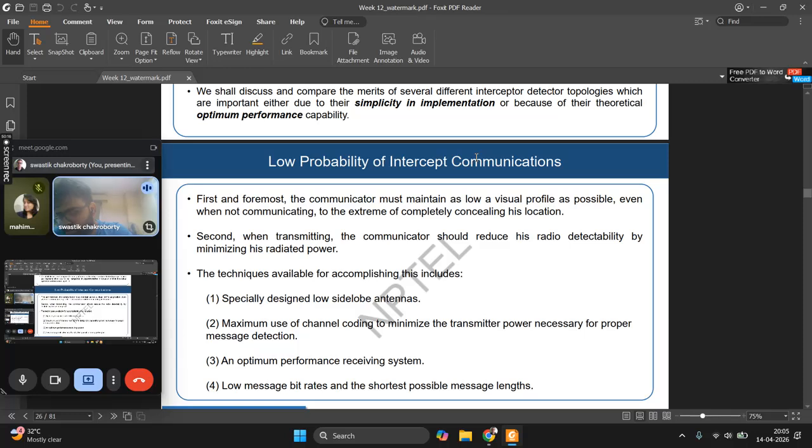So the first thing is you have to do low power transmission, but your power should be such that at least some energy should reach your base. If you give too little energy, then it won't work, because it might evade your enemy, but it will also evade your home base station.